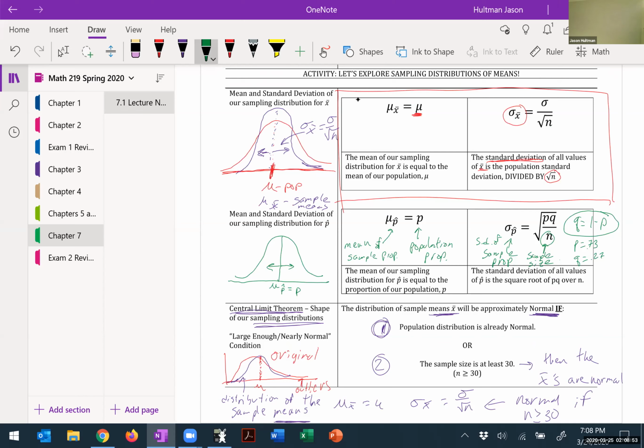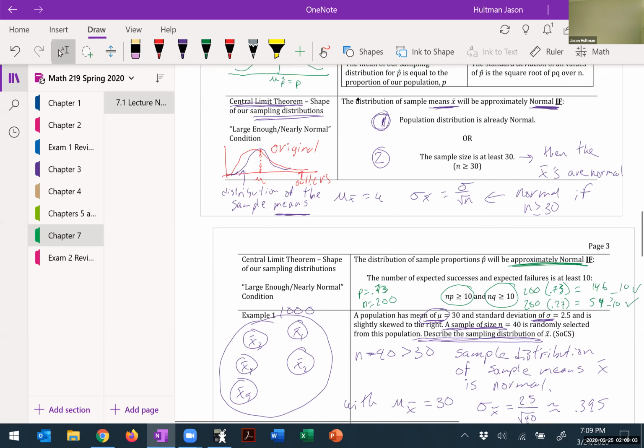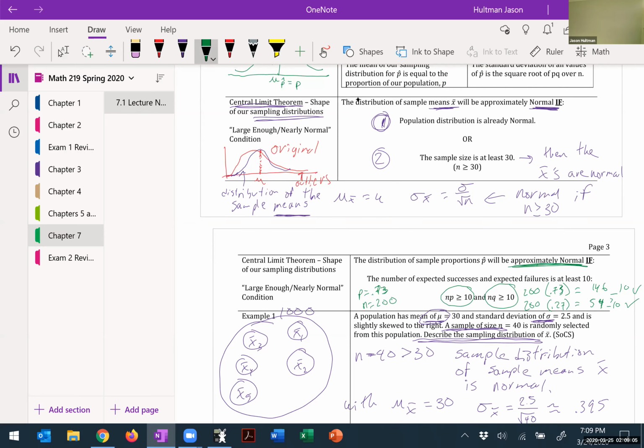And then we use Q for the standard deviation, and we use Q to check if we can actually use the normal distribution. Now, what if this fails? Well, then we're stuck. We cannot do any more computation. If the sample size is too small, then we're done.